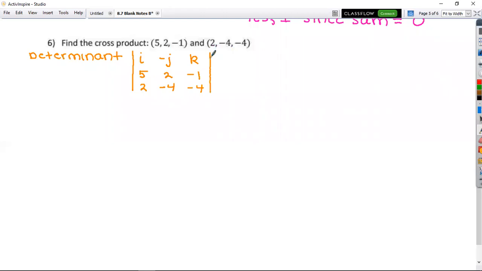And then you're going to go and find all of these again. So this is equivalent to, so I have i, and then my matrix for my determinant here would be the numbers 2, negative 4, negative 1, and negative 4 again, minus the j, and I'm going to have 5 and 2, and then negative 1 and negative 4, plus the little k, and then I'm going to be left with a 5, 2, 2, and negative 4.